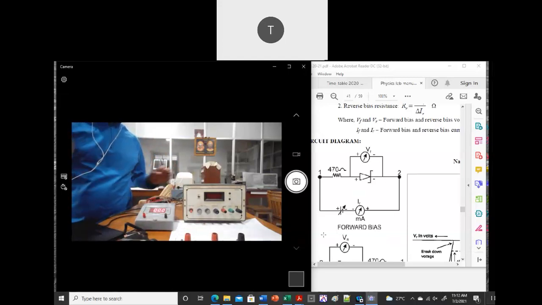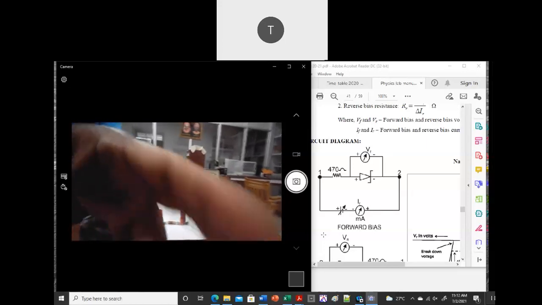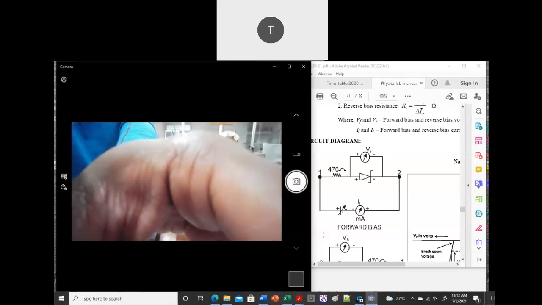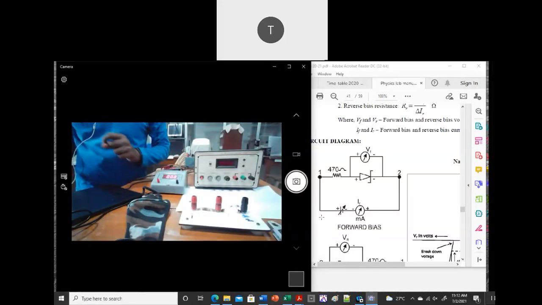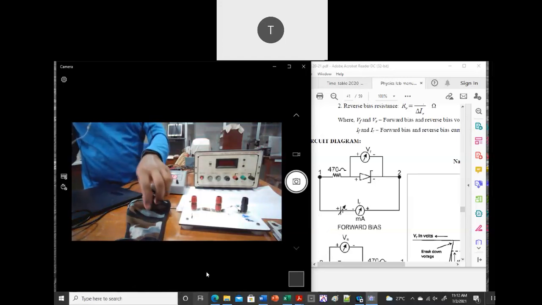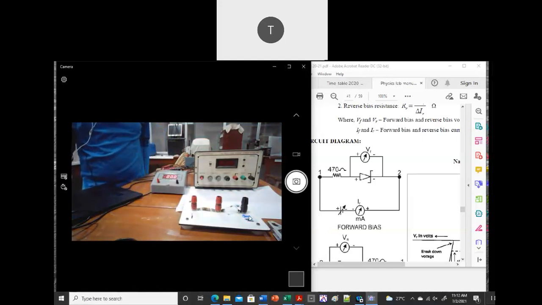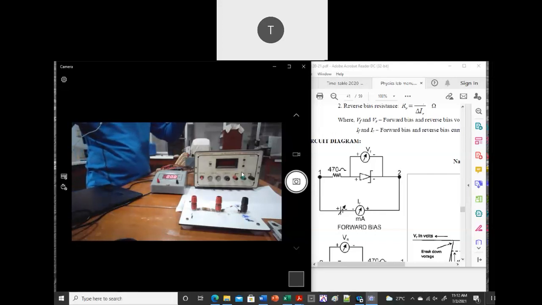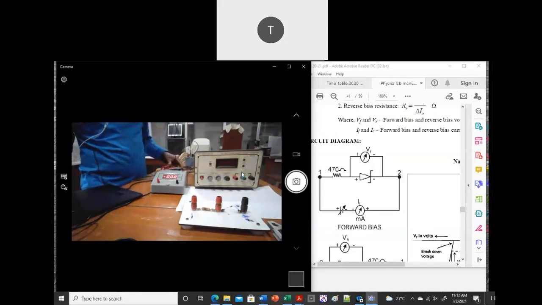Okay, 1 and 2 is actually in this region. And then you have your ammeter and then the power supply. So we will try to do the connection. As we already know, your multimeter is your voltmeter, and this will be the last connection. Right now we don't worry about this. We will just do the first connection, which is your forward bias.